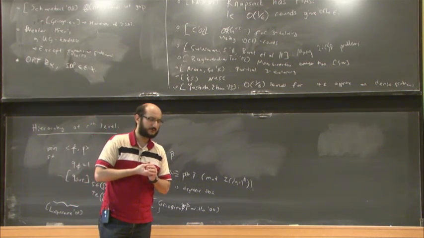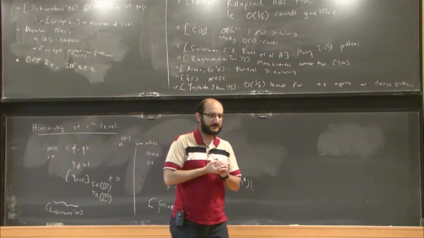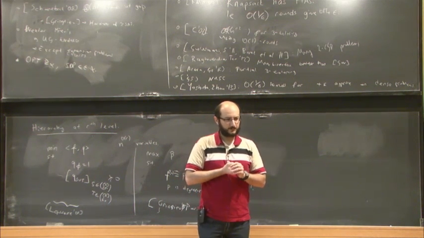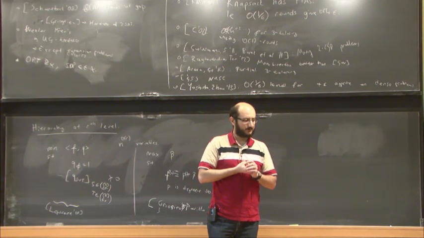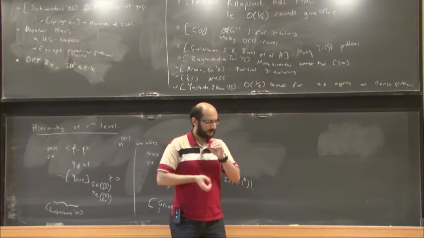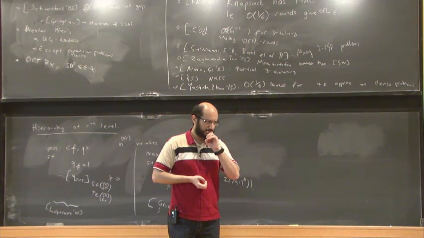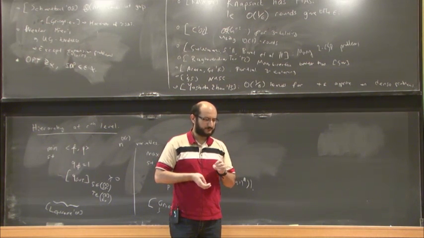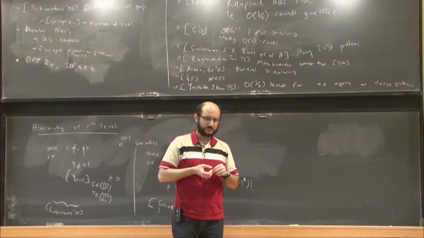Yes, it's fixed polynomial for any epsilon. Things that use the regularity lemma or whatever are all fixed polynomial. I think the point of this list is just to show the power of this hierarchy, that it captures, maybe not completely efficiently, lots of the techniques.